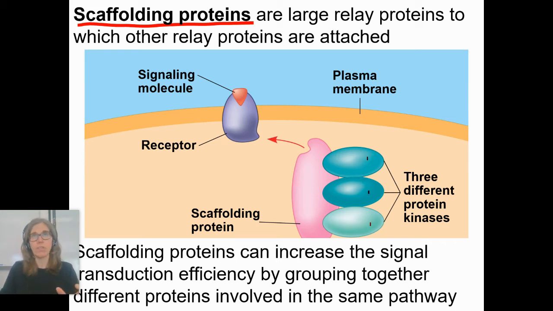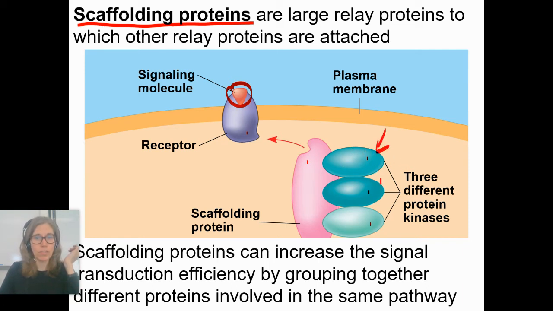So instead of one protein activating another, which then has to diffuse around to find its reactant, and then causes that to become a product, which in turn diffuses somewhere and finds its reactant to turn that into a product, instead, if you have them all in the same place, the ligand binds here to the receptor, which binds to the scaffolding protein, which maybe causes a change here.